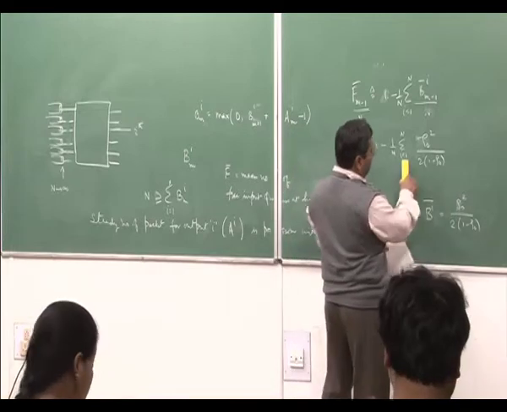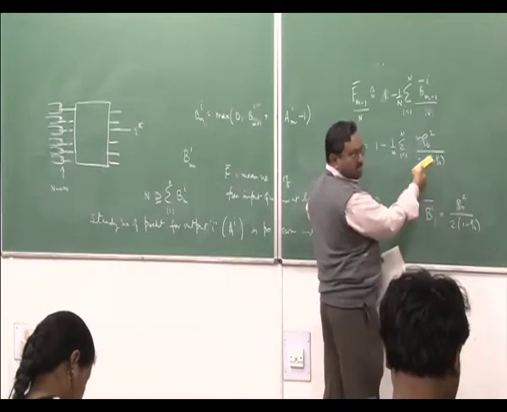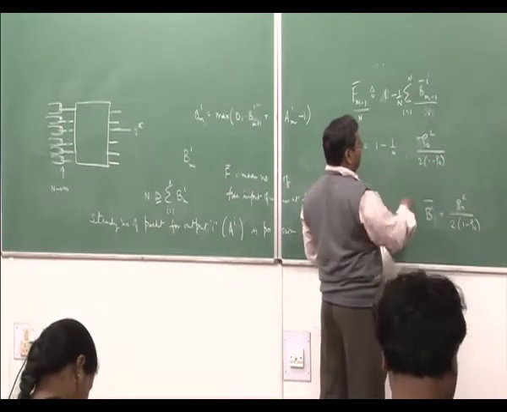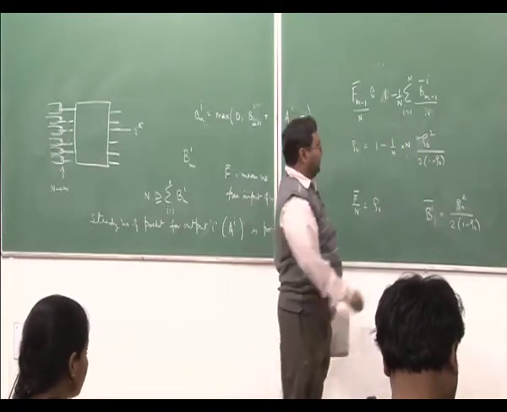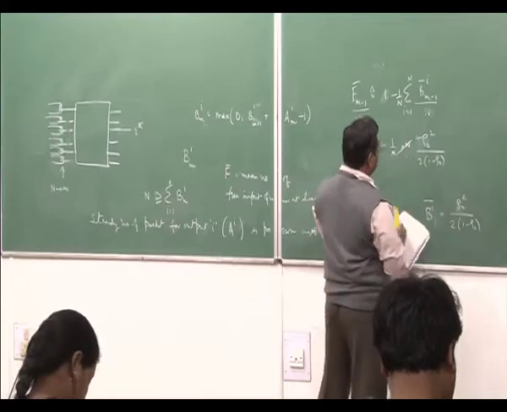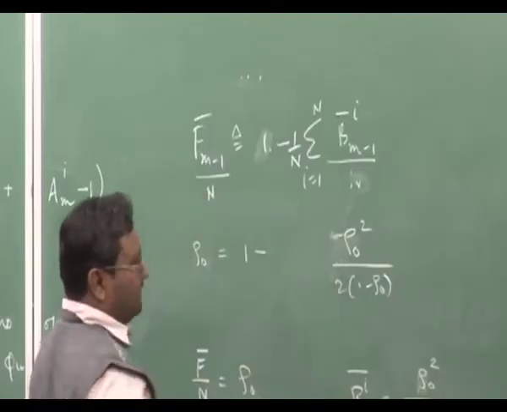Because I am having n terms, all same values, it is multiplied by n. This can be cancelled with this. Solve for this rho naught.